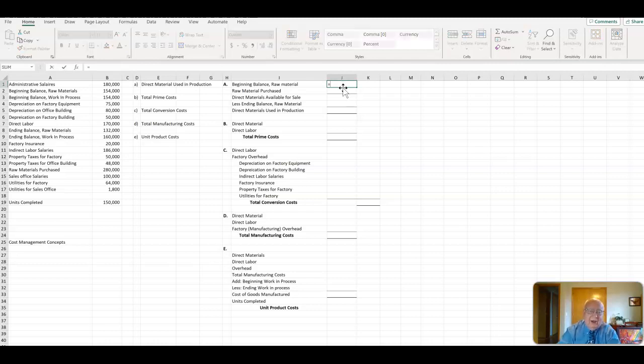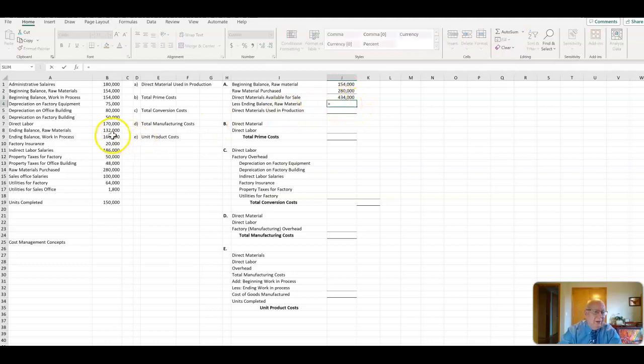So with that, our beginning raw materials is 154,000. That's what we have here. The raw materials purchased is right here, 280,000. We add these two together to get what we have available for use. So we have 434,000.